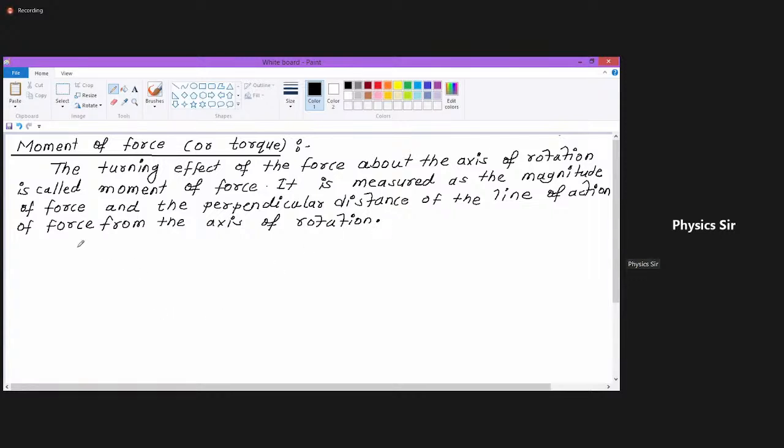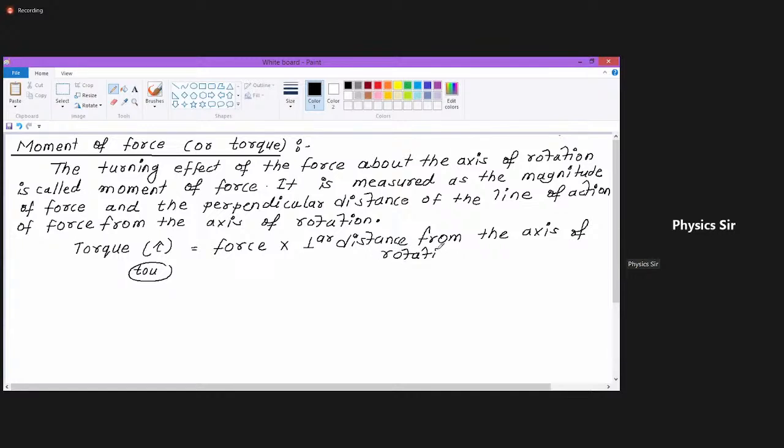Okay, so we always write torque as tau. It is the force into the perpendicular distance from the axis of rotation.